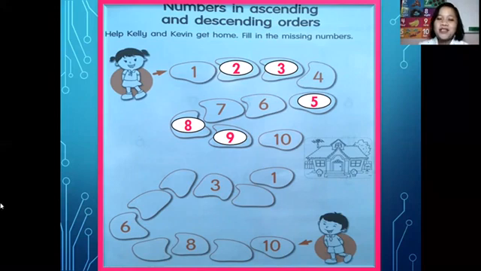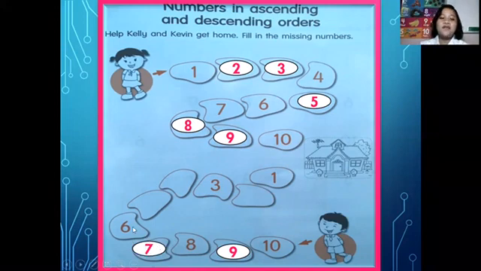All right, so how about Kevin? Kevin wants to go home. So we are going to start with number 10. 10 goes down to number, what number? 9. 8 goes down to number 7.